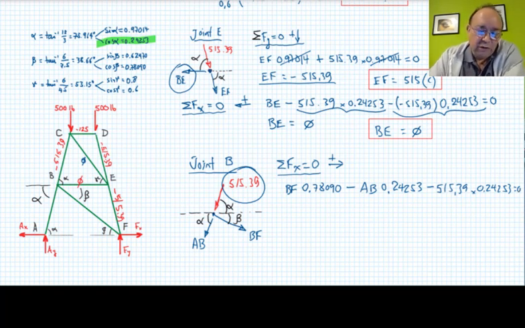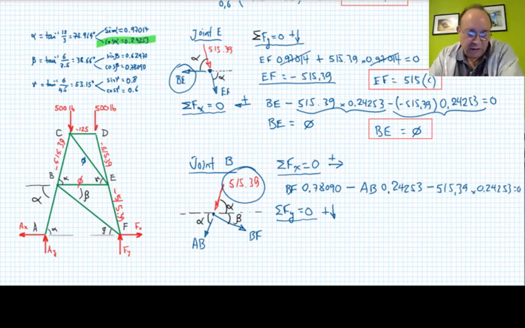And the other equation will be summation of forces in the y direction equals 0. And I'm going to do positive going down because all the forces are going down. So I rather use positive going down, so all the terms in my equation are positive. I like more positive numbers than negative numbers because I am a very positive person.